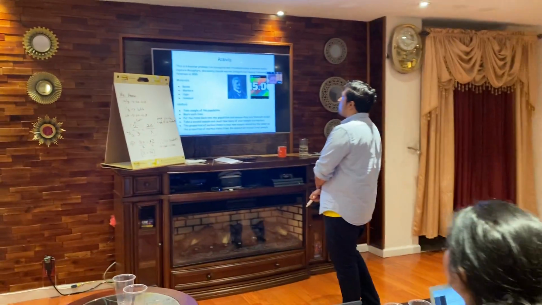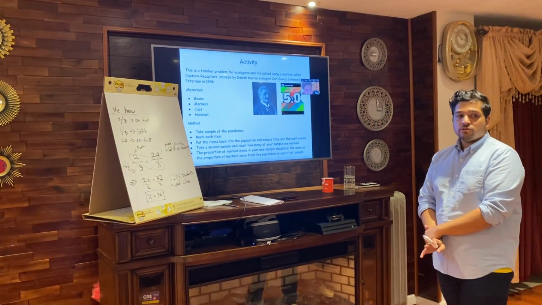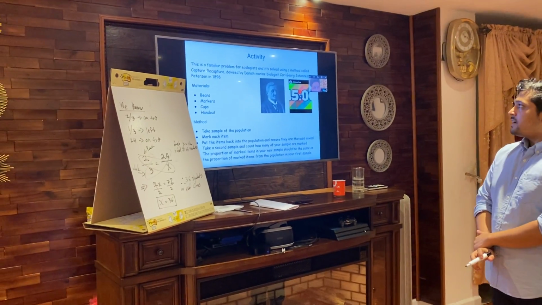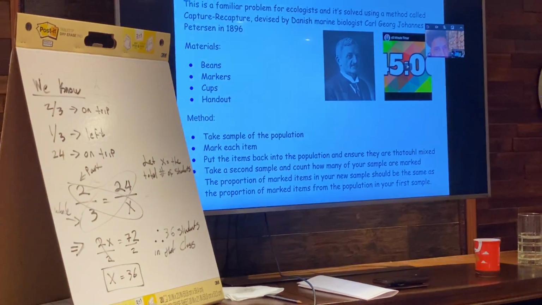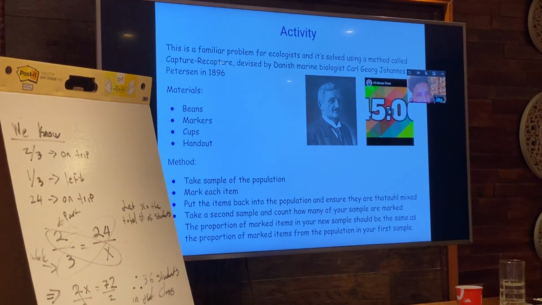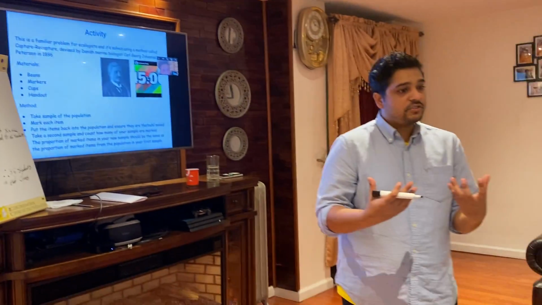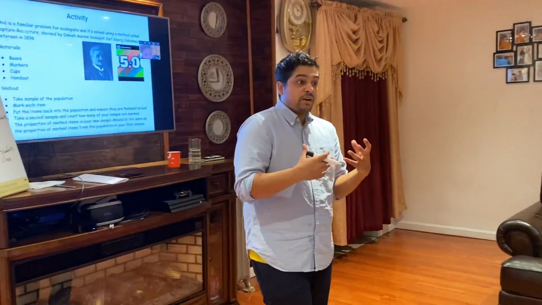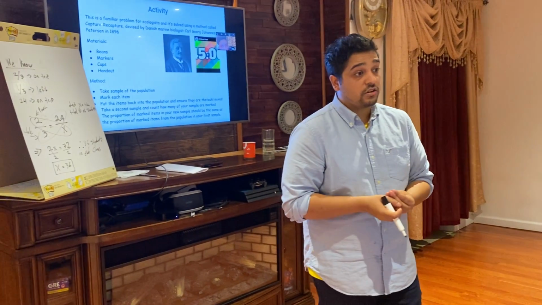This is a familiar problem for ecologists, and it's solved using a method called Capture-Recapture, devised by Danish marine biologist Carl Peterson in 1896. He was a marine biologist who wanted to understand what tools we need in order to learn about populations and whether certain animals are in danger, and how we actually know, and how do we inform people after?